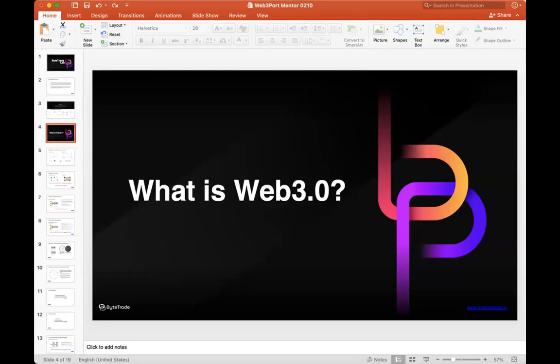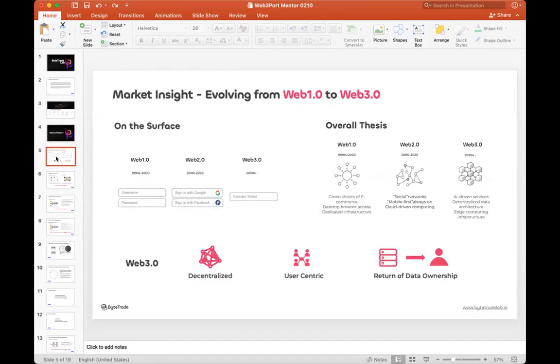I think Oleg has a very good answer to this, and we have come to a consensus that Web 1 to Web 3 has been evolving. On the surface it's just different types of login, and in Web3 people would think it just means connecting your wallet.